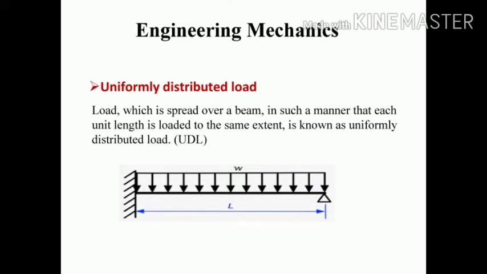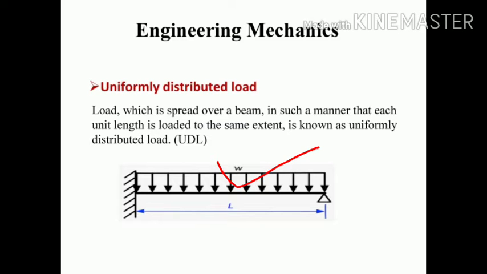Now the uniformly distributed load. A uniformly distributed load is a load which is spread over a beam in such a manner that each unit length is loaded to the same extent.